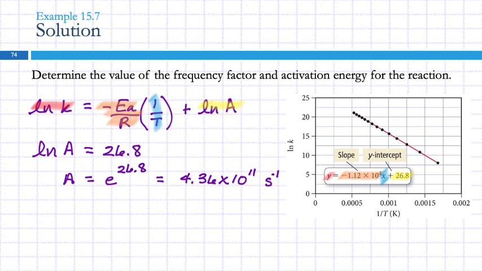How do we find the activation energy? Well, negative EA, the activation energy, divided by R is equal to negative 1.12 times 10 to the 4.